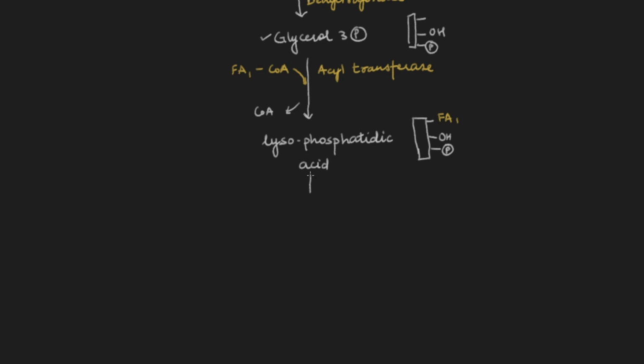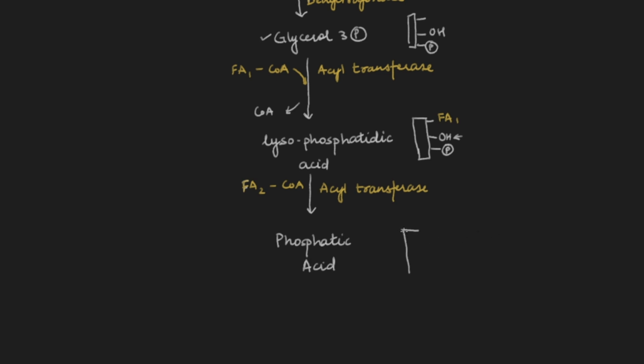So, the next step is addition of one more fatty acid in the second position. So, another fatty acid will come, and by the action of acyl transferase, it will attach to the lysophosphatidic acid to form phosphatidic acid.